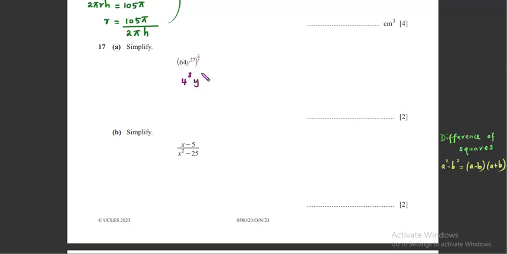I have y to the power 27, and this entire thing has a power of 2/3. This power 2/3 will get multiplied with this first power as well as the second power because this fractional index is distributed among both. So in that case, we will write it as 4 to the power 3 multiplied by 2/3, and we have y to the power 27 times by 2/3.